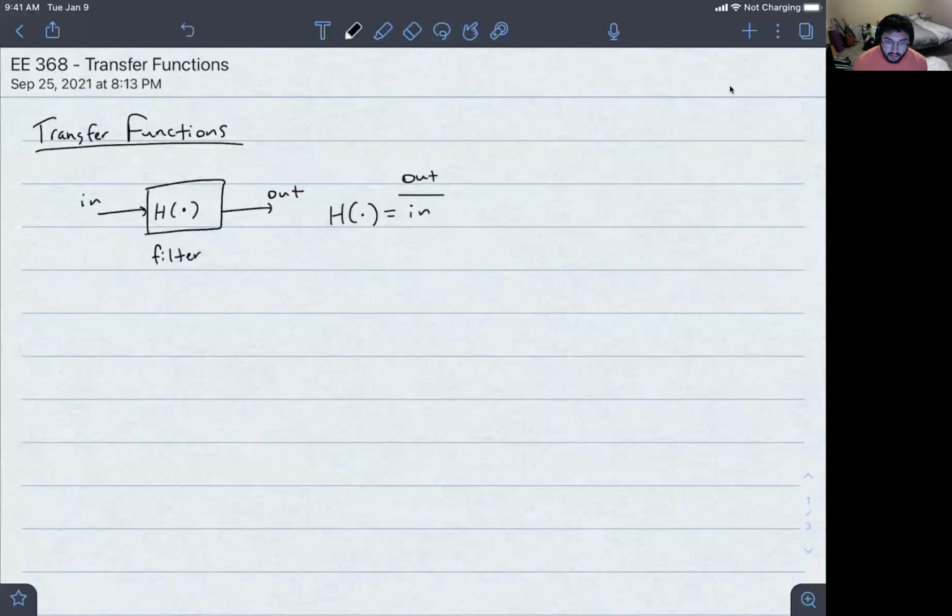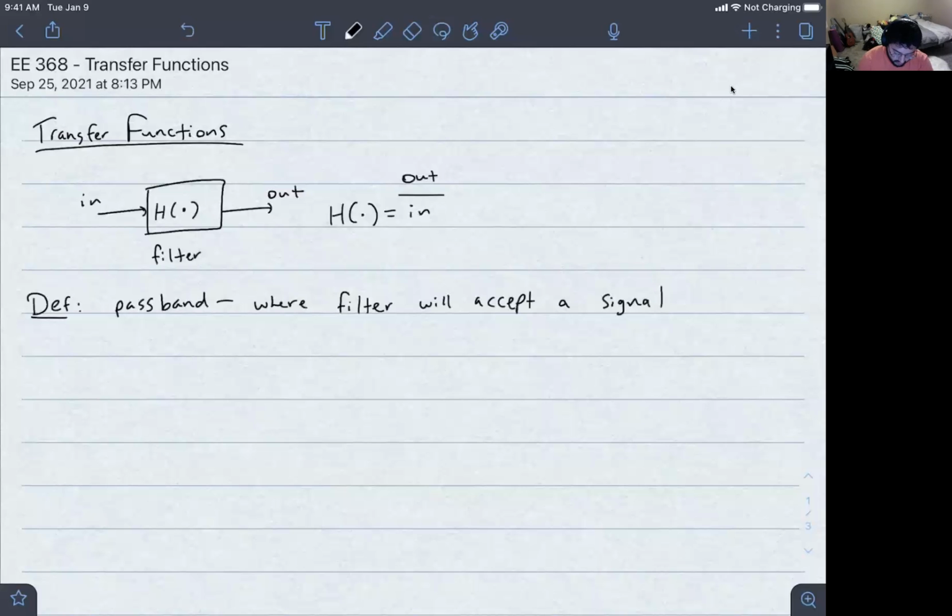And before we go any further, I first want to define something called passband. And this is where a filter will accept a signal. Okay.